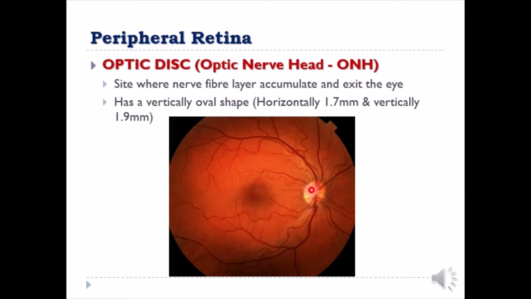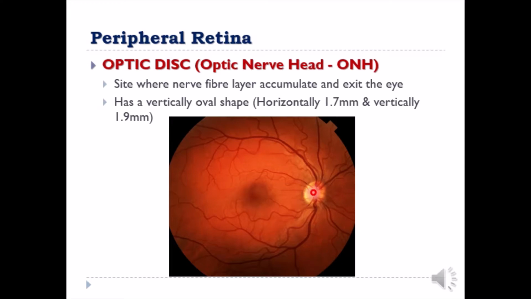It goes out of the eye through the optic nerve head, and behind the optic nerve head it will be the optic nerve. It has the shape of a vertically oval. It is not a perfect circle, it is an oval shape, and it is vertically oval. Why? The vertical diameter is more than the horizontal diameter.